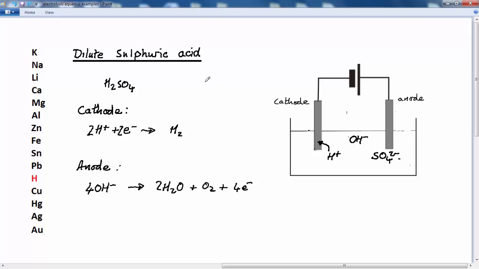So the electrolysis of dilute sulphuric acid will result in oxygen being liberated at the anode. We've got oxygen gas, O2, and hydrogen being liberated at the cathode.